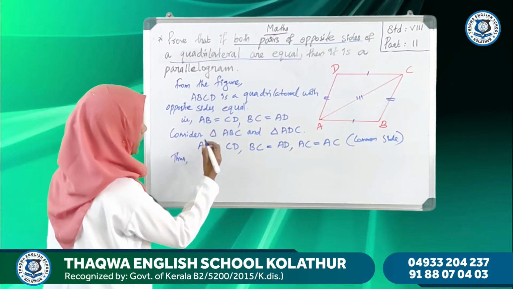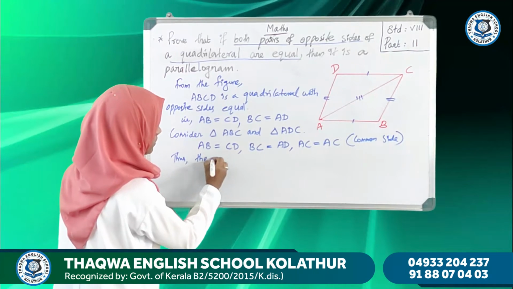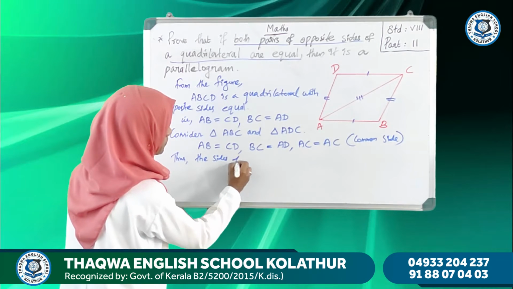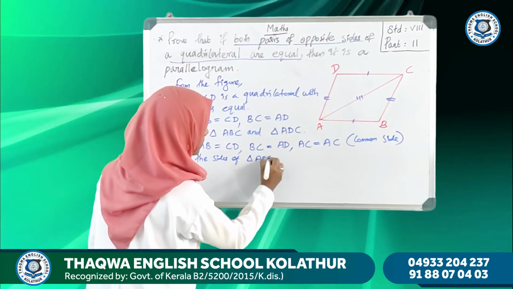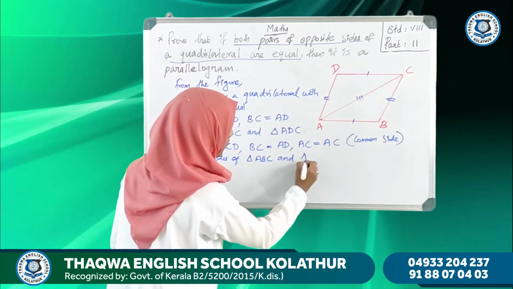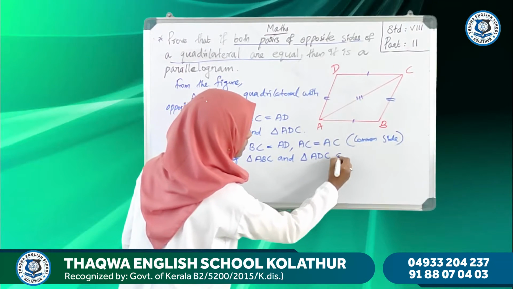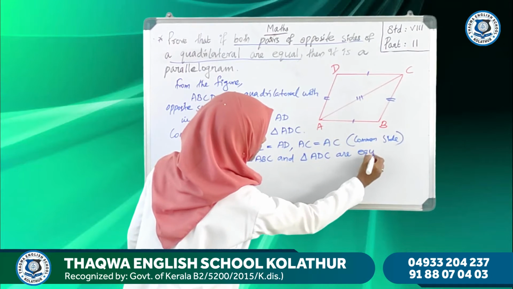Thus, we can say that the sides of triangle ABC and triangle ADC are equal.